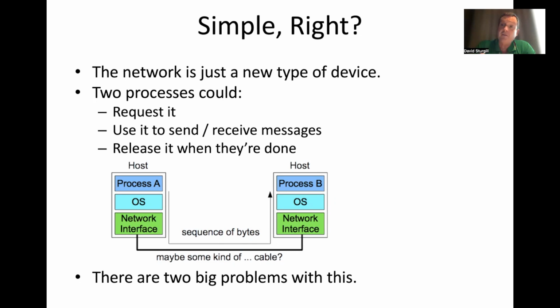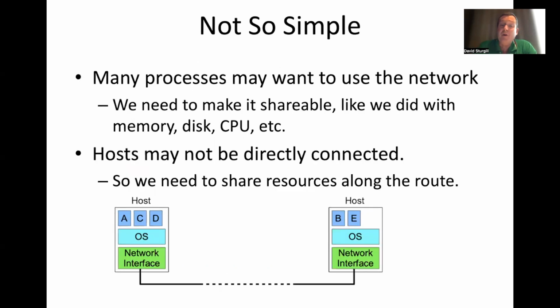We could let processes allocate it or request it when they want it, and then when they get a chance to use it, they could send and receive all the messages they want, and then they could just give it back when they're done. But this would be a bad way to deal with the networking hardware. There might be a bunch of processes on the computer that want to use the network at any one time. So we really need that device to be something that can be shared, kind of like we've done with a bunch of other devices like the hard disk.